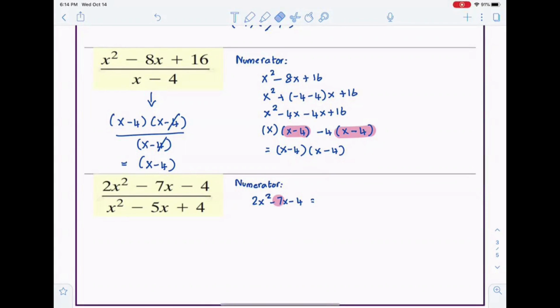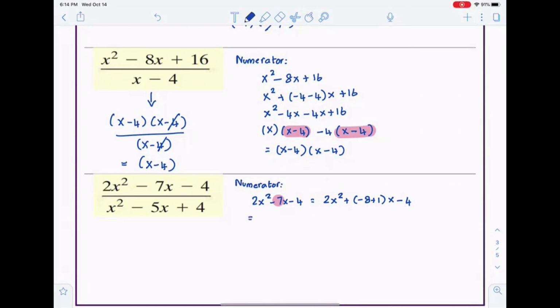The two numbers are negative 8 and positive 1. Negative 8 plus 1 is negative 7. And if you multiply 2 and negative 4, you get negative 8, which is the same as negative 8 times 1.